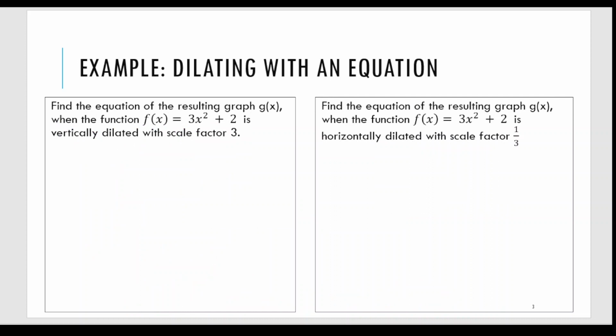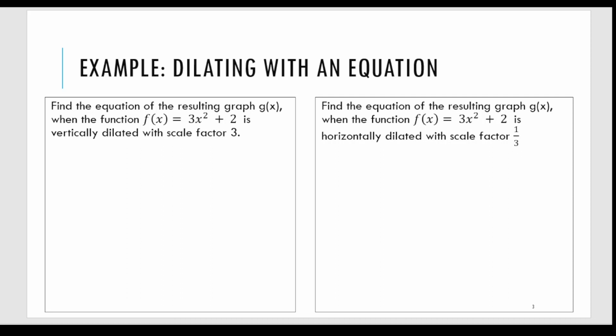When we talk about dilating, we are either squeezing it together or widening it. Let's look at what happens if we take the function f of x and we vertically dilate it with a scale factor of 3.